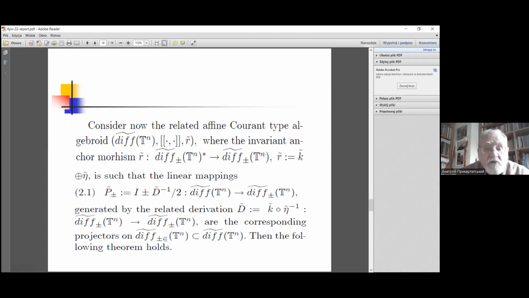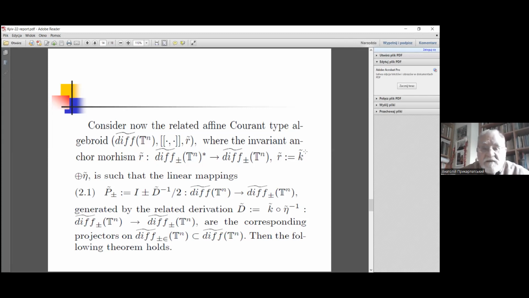And this anchor can be constructed the following way: we split our tensor R, the R-tilde having analytical dependence on the complex parameter.